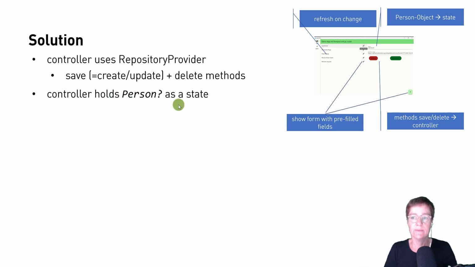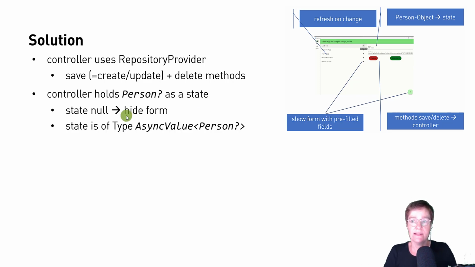So the controller holds a person object as a state, and we will handle a null person object in a way that it hides the form, and only if I have a person object it will be shown. More precisely, the state is of type async value person, and this person might be a null object.